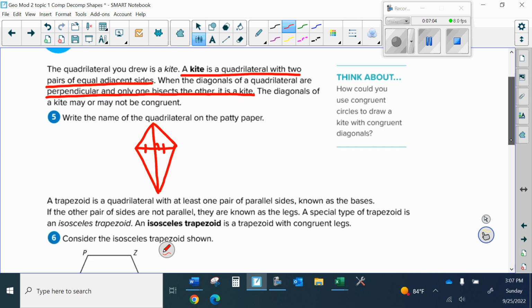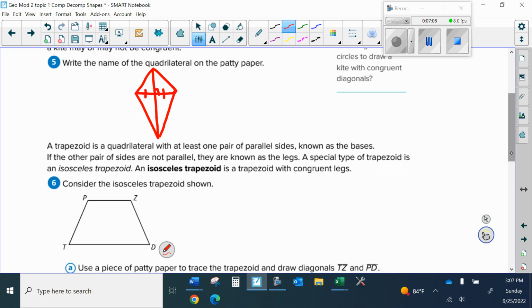Trapezoid. Here we have the right definition. Trapezoid: a quadrilateral with at least one pair of parallel sides, known as the bases. If the other pair of sides are not parallel, they're known as legs. A special type of trapezoid is an isosceles trapezoid. That's when the legs are congruent. This is my base, so there's my one pair of parallel sides.